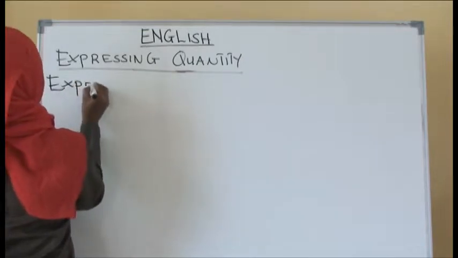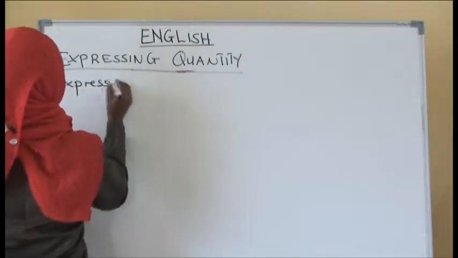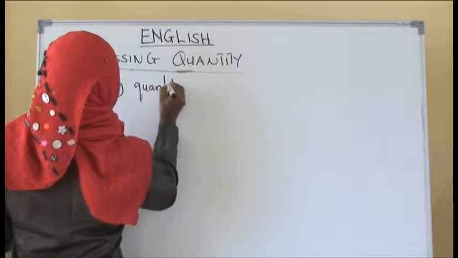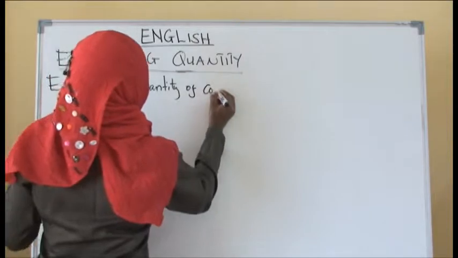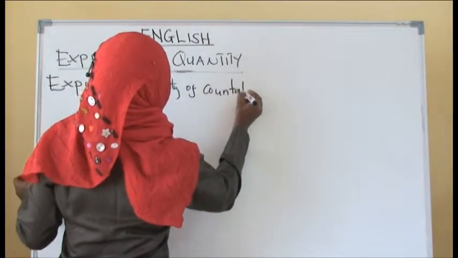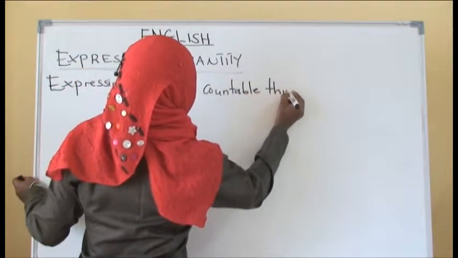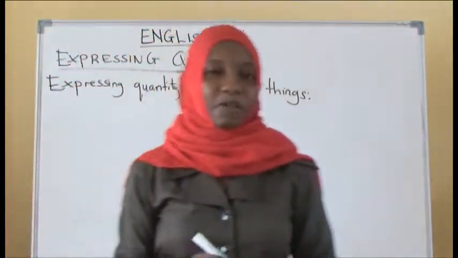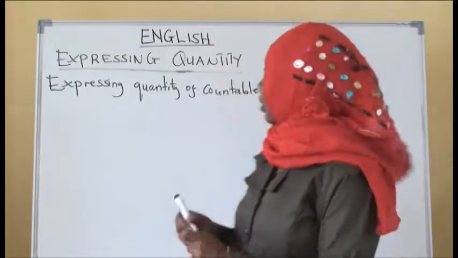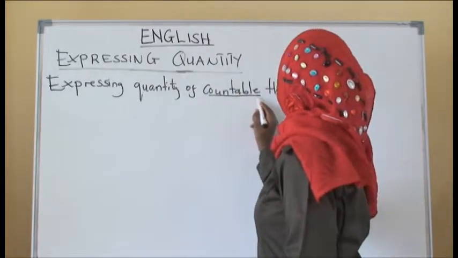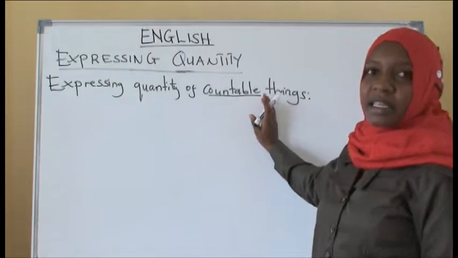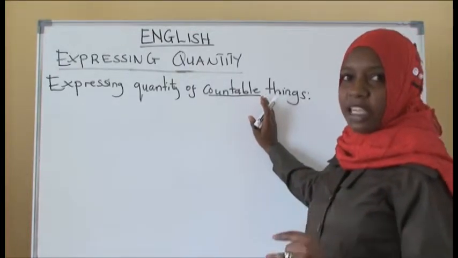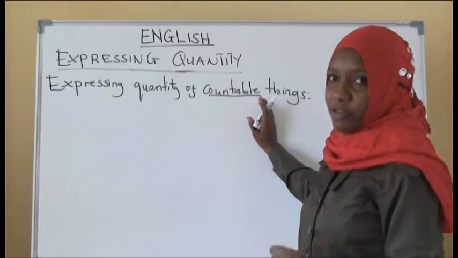Expressing quantity of countable things. When we talk about countable thing, the word countable itself means the thing that you can count, the thing that you can touch, hold, and you count and you get the number of it.